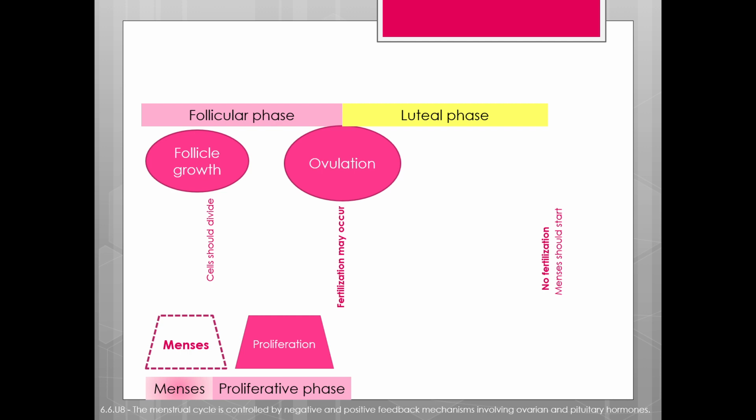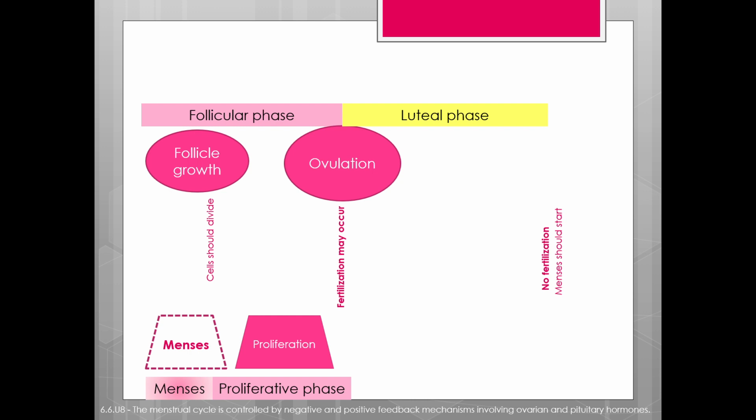So if it grows large enough, there is ovulation, and then the signal should be sent to the uterus: dear uterus, now there is a mature oocyte waiting for fertilization, which may occur at any time. Please, dear uterus, be aware of that and make yourself fully ready for the arrival of the embryo if fertilization is successful.